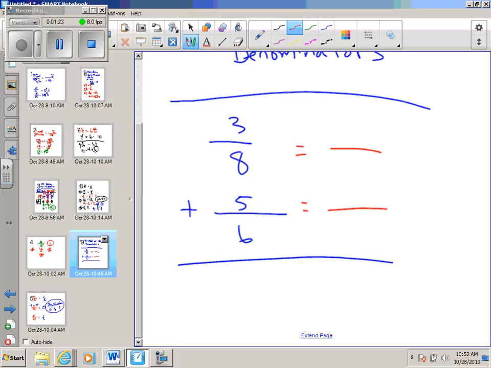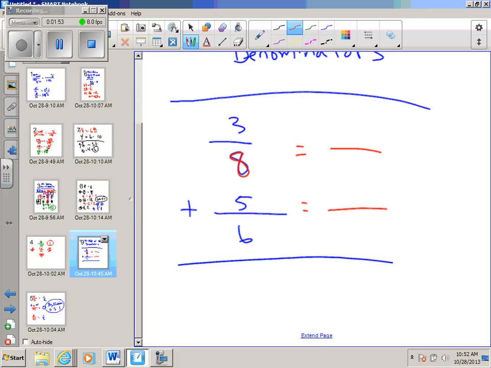Now, I won't ask that you do a factor tree each time you need to find the LCM of these particular denominators. What you might want to do, though, is you've got two denominators up there that are different. You have an 8 and you have a 6. You might want to focus on the larger of the two to start off with. And you'll ask yourself, is 8 a multiple of 6? 6, 12.